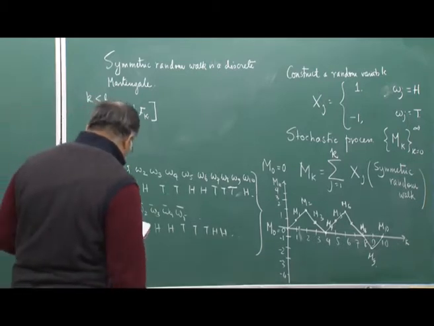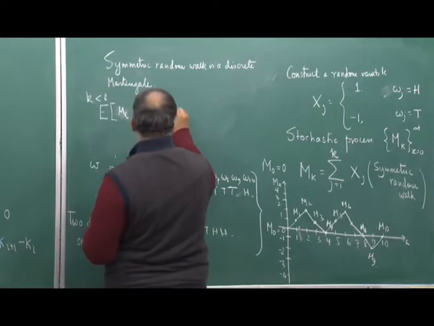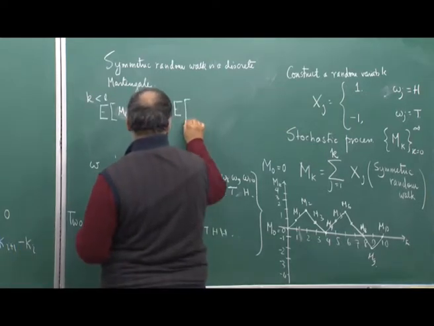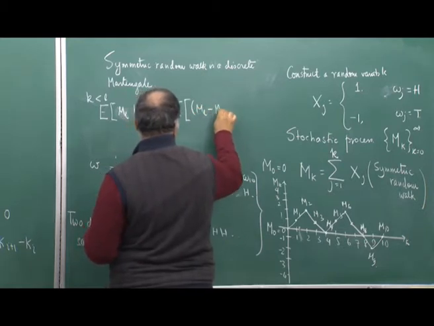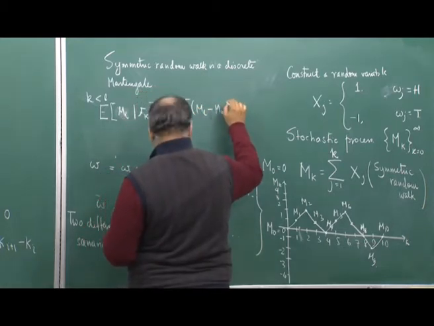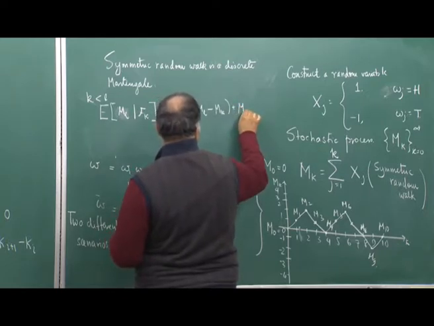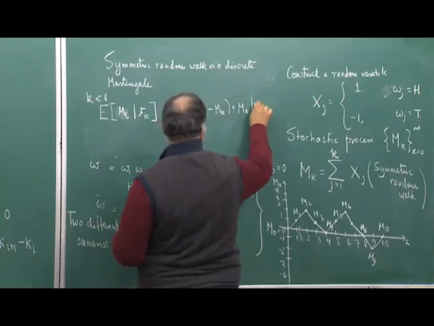Okay. So, you can write this as ML minus Mk plus Mk.